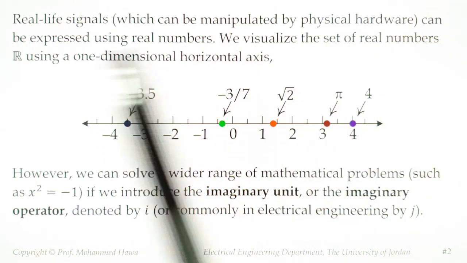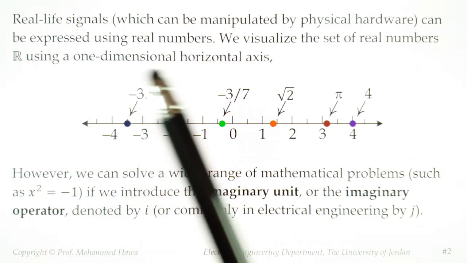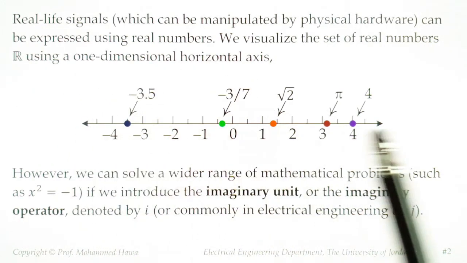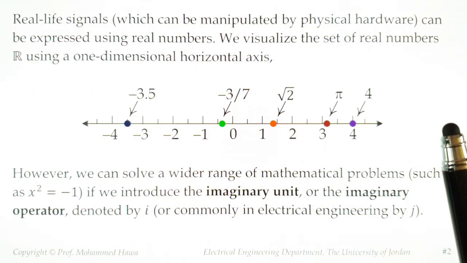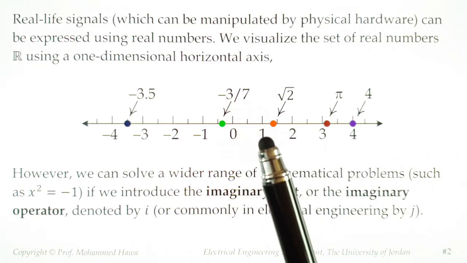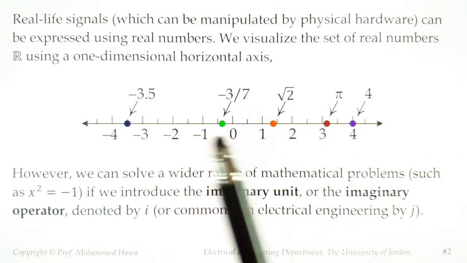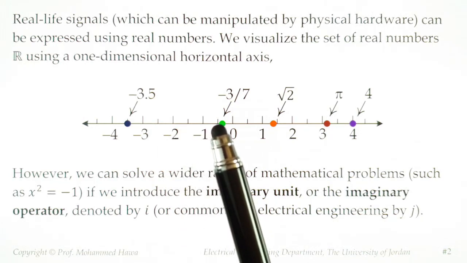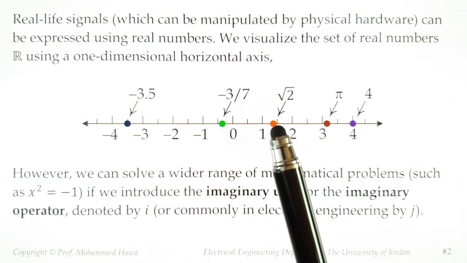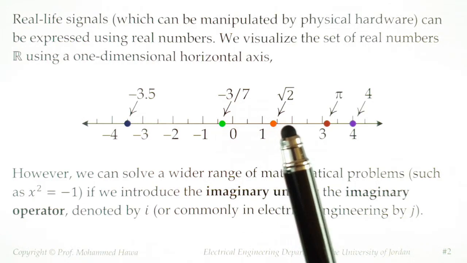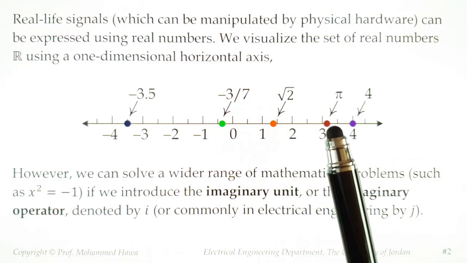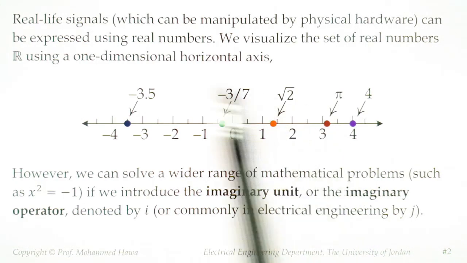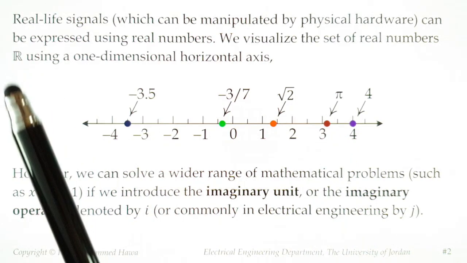And we typically visualize the set of real numbers using a one-dimensional horizontal axis, as you can see here, where we see the numbers 0, 1, 2, 3, -2. We also see the rational numbers like -3/7, or the irrational numbers like square root of 2 or pi, and so on. Those, of course, belong to the set of real numbers.